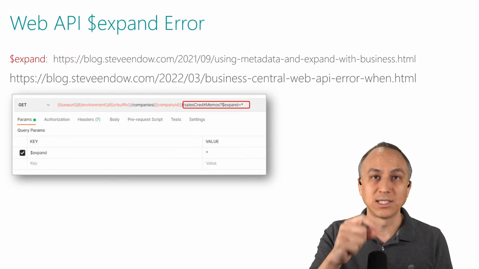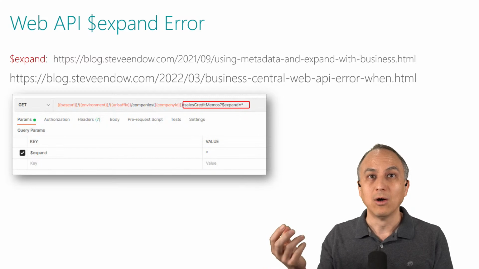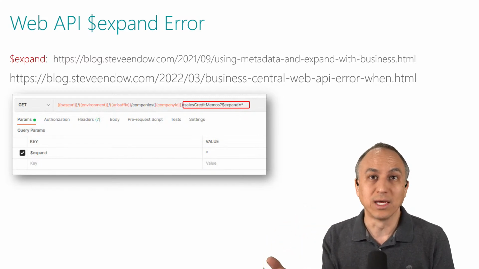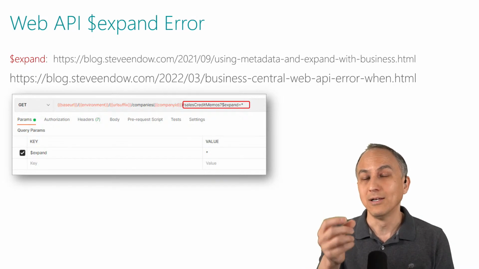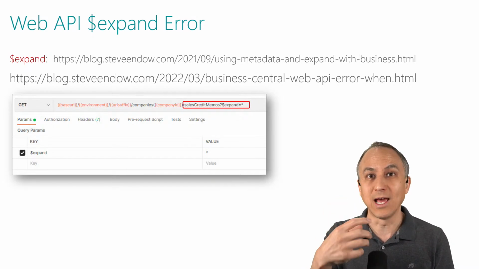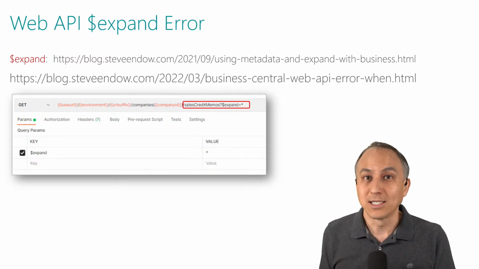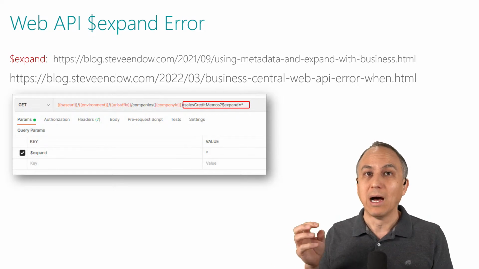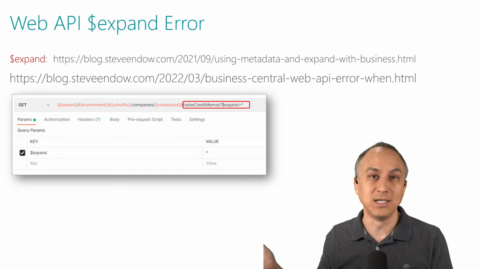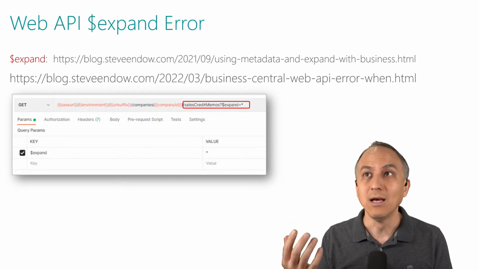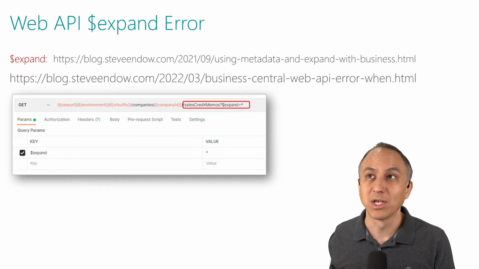Instead of just saying $expand=customer information, one thing or maybe even two things, you can add an asterisk at the end of the expand query parameter to have the API expand all navigation properties. This is not something I had ever seen before. Now, I personally wouldn't recommend doing that because you could be expanding a dozen different things that you don't actually need, but it's an interesting or intriguing option, shall we say.